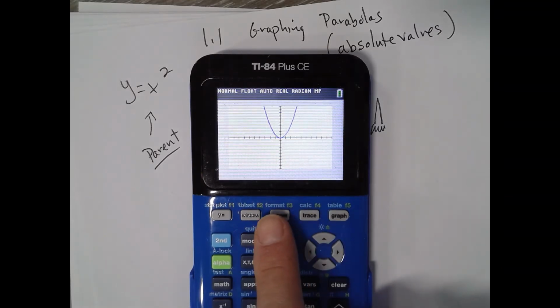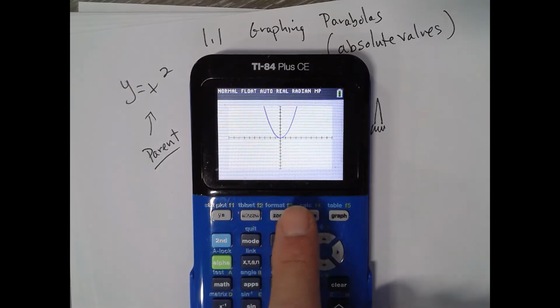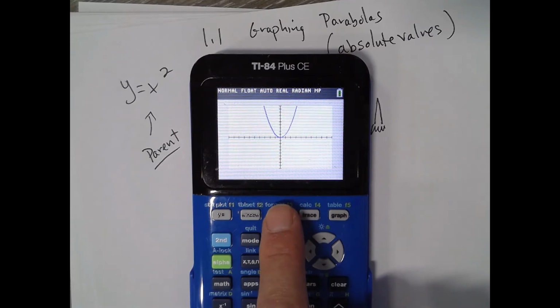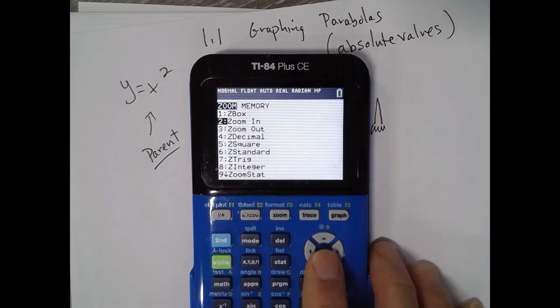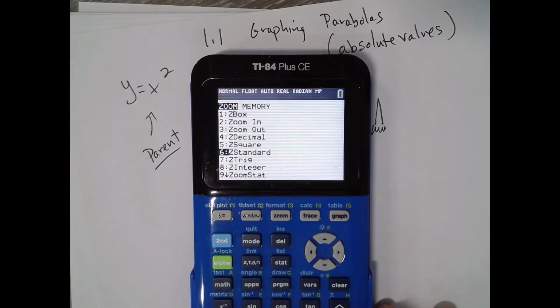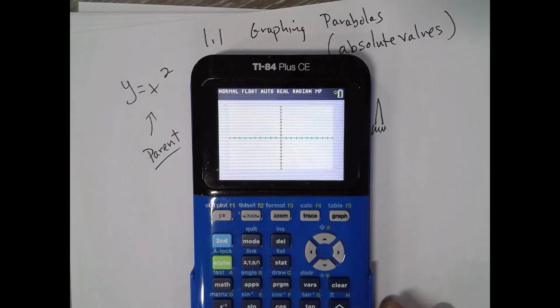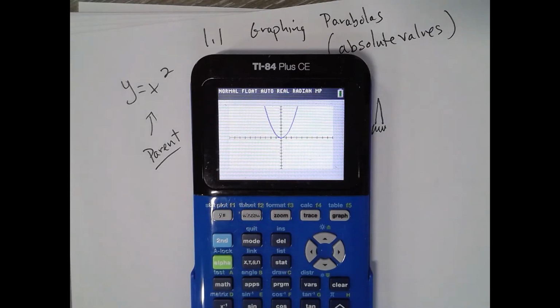Get used to doing zoom standard, which is zoom 6. Zoom standard will give you the regular snapshot of, like, it's centered right at the origin, and it's zoomed out just the right amount. So zoom standard is a good place to always start your graph. So we have y equals x squared. That is the parent function.